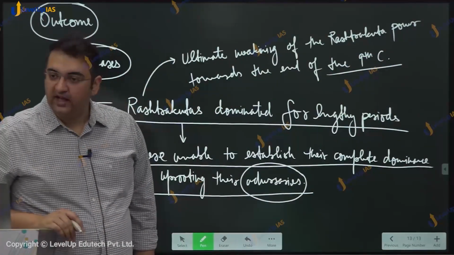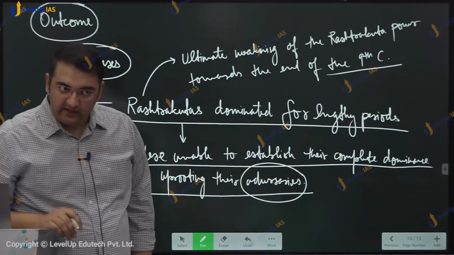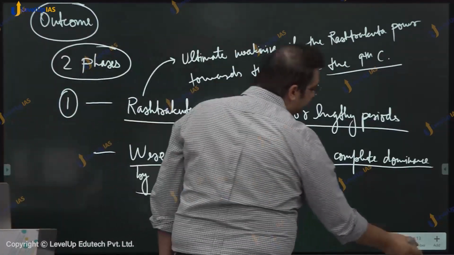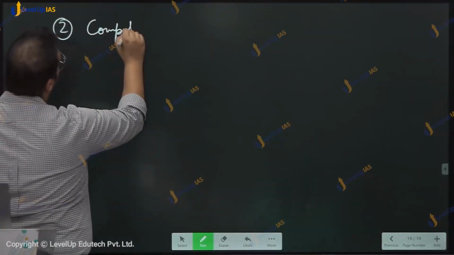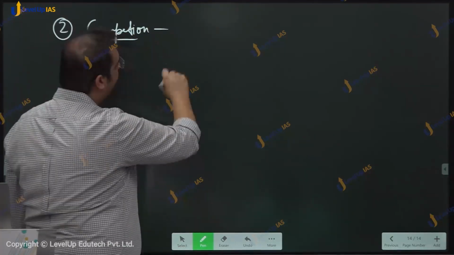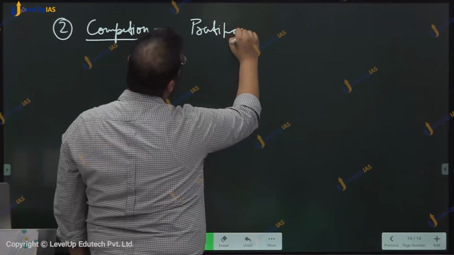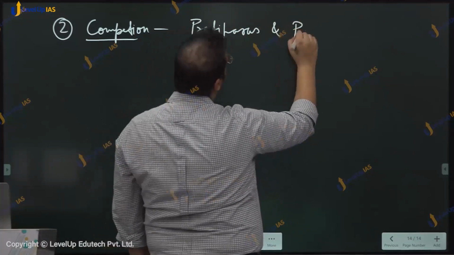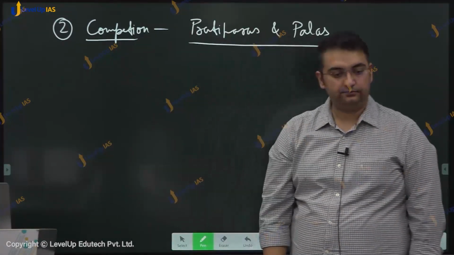So the Rashtrakutas did not disappear, but they receded to their core region. And during the second phase, competition was primarily witnessed between Pratiharas and the Palas. Okay.